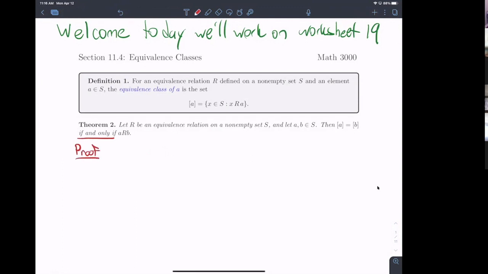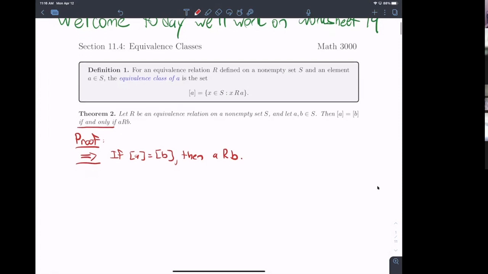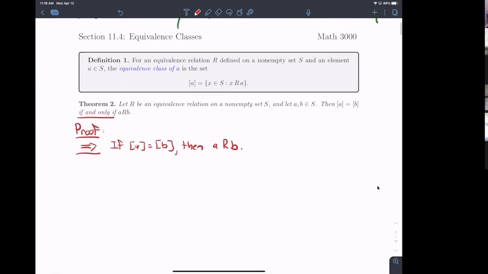We'll first take the forward direction, which is saying if equivalence class A equals equivalence class B, then A is related to B. And then we'll do the reverse direction. We'll do this one by direct proof.